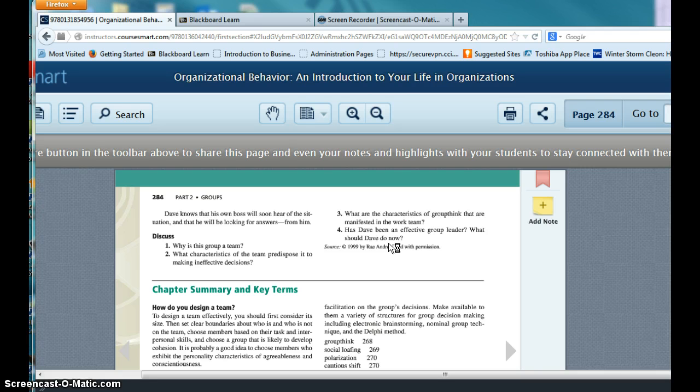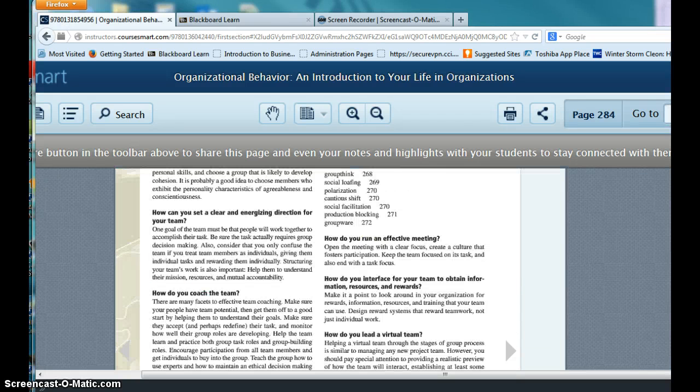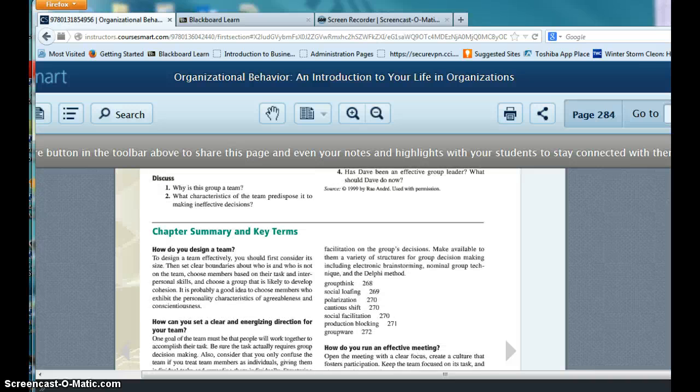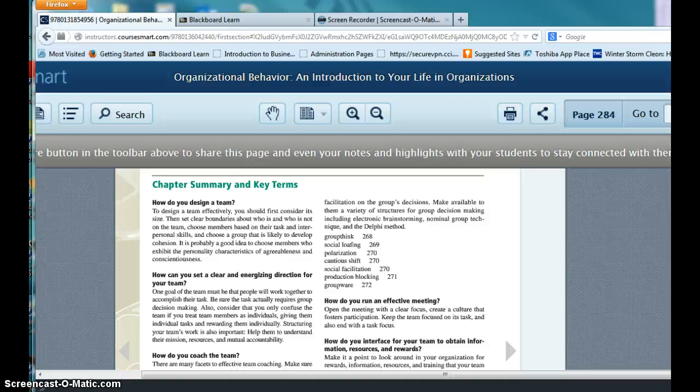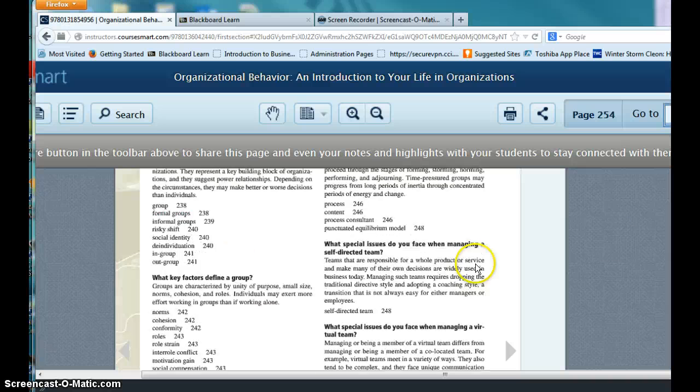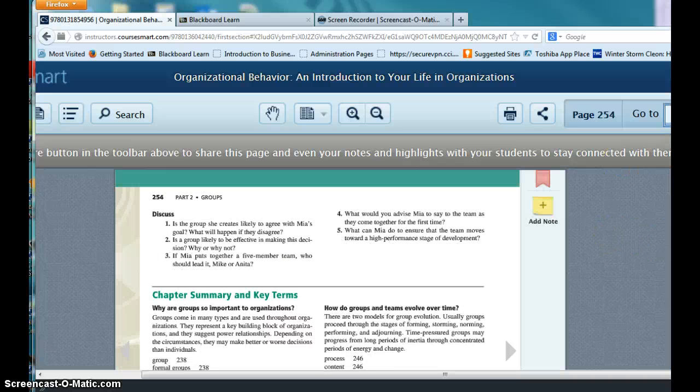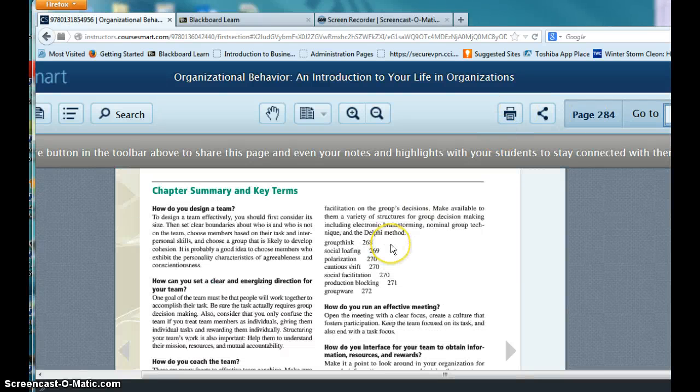So again, I just want to remind you, you're going to use terminology and concepts. So you'll use chapter summary and key terms from chapters 9 and 10. So the chapter 9 chapter summary and key terms are on page 254. So you can refer back to the chapter 9 chapter summary and key terms also to answer the questions for the case on page 284.